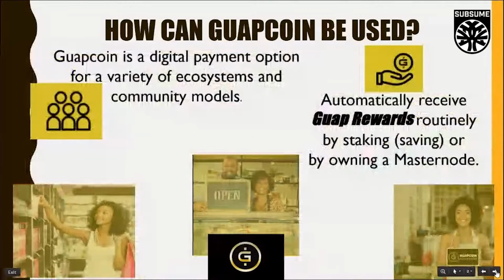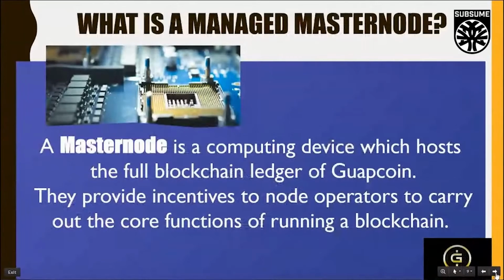We do have Masternodes, as I've spoken about, and those Masternodes provide what are called block rewards or staking rewards. They come to the Guap wallet, right? There are different ways. If you have your own masternode, then you will see them, as I showed earlier, in the list of masternodes.